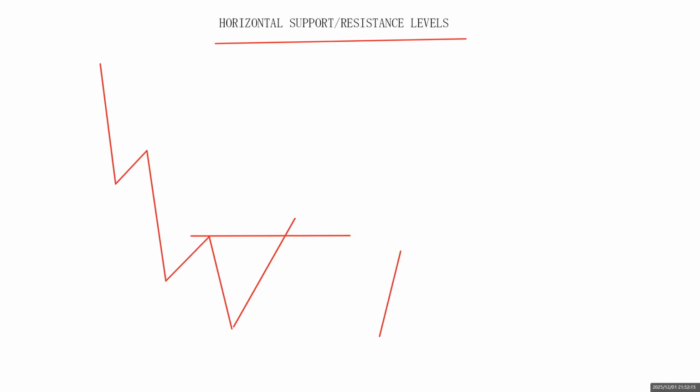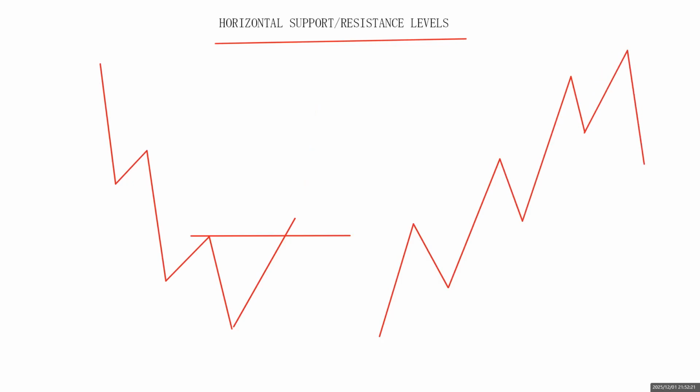Okay, and in this case now, same thing here also. If we see price making bullish movement, we would bring the horizontal support tool, identify this last higher low right here.